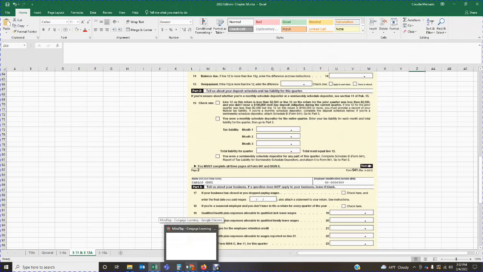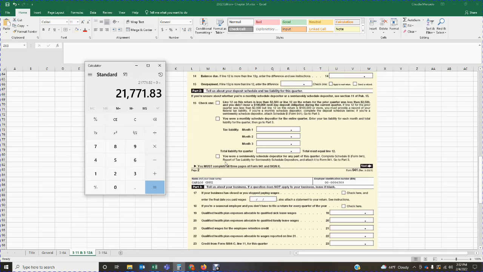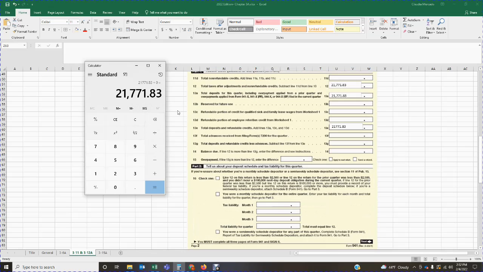So 13G, let's get a calculator. Total advance refundable, subtract line 13F. 13F, which is 0. It says total deposits and refundable credits less advances, so we're going to subtract from line 13E. 13E is 21,771.83.